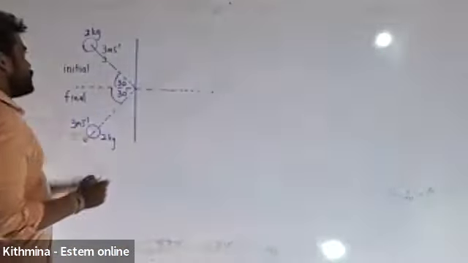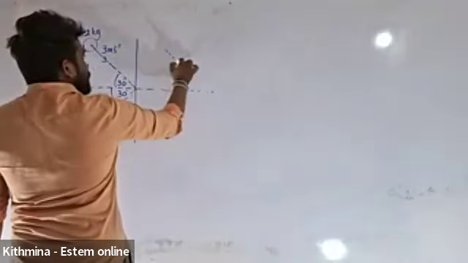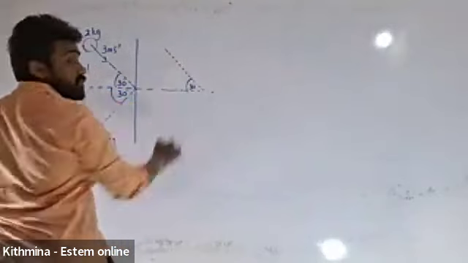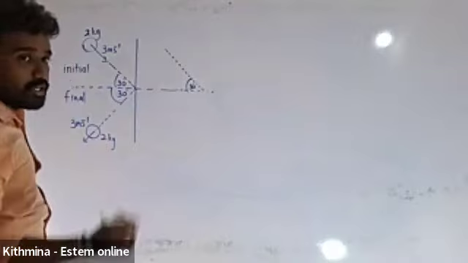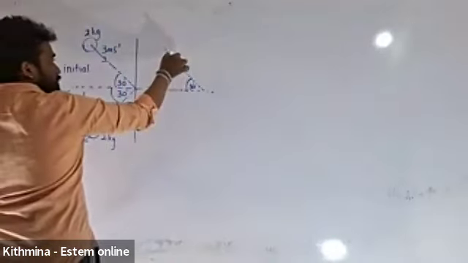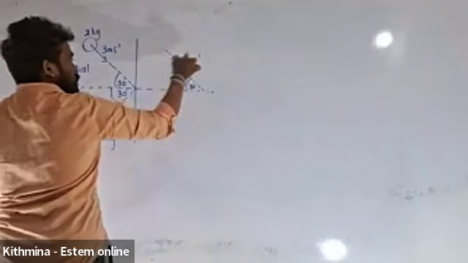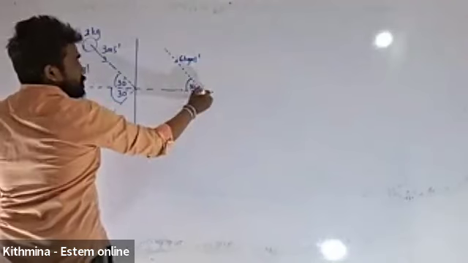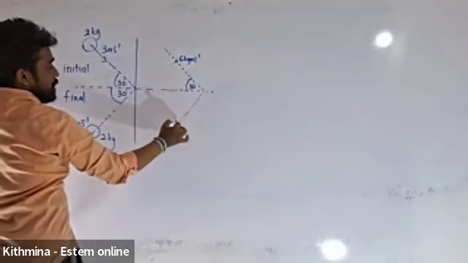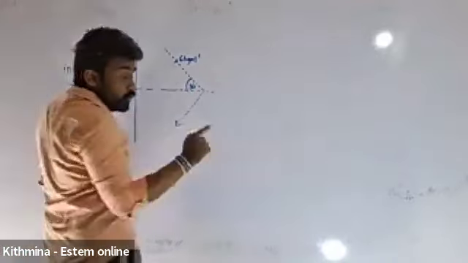This is the initial condition, no? So we should resolve these vectors. We know 2 multiplied by 3, 6 kg m/s, is in this direction. The momentum changes happen in this direction. Please get it into your mind.